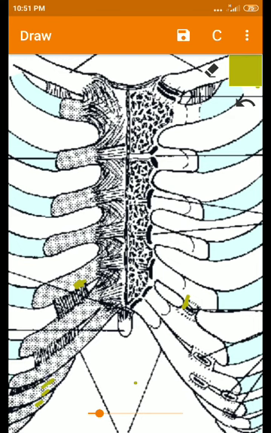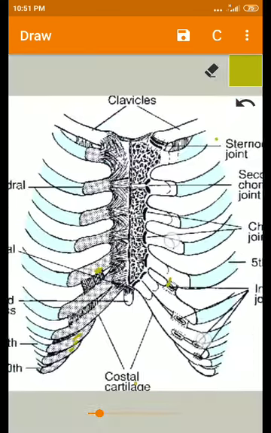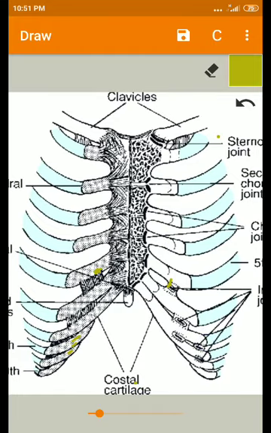In some books it is given as 7th to 9th costal cartilages combined to form interchondral joints. Okay, so here we will see the 5th to 9th costal cartilages articulate with one another.